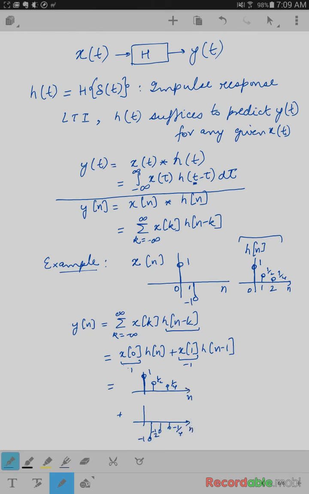And if you add these two, then you get the output, which is 1 at 0, then -half at 1, -1/4 at 2, and another -1/4 at 3.